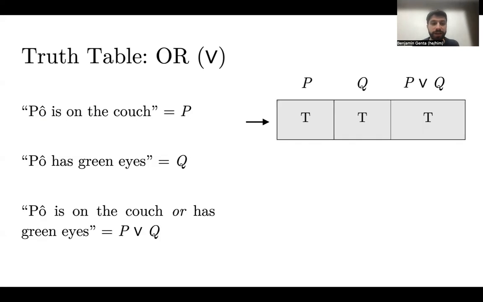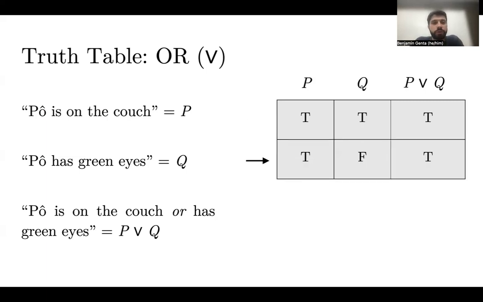Note that we're not saying either Beau is on the couch or Beau has green eyes. We're just saying Beau is on the couch or has green eyes. The either would imply that only one of these is true, but when we use the logical or, both can be true, and the statement as a whole will be true. So this is the same truth value as the and, when everything's true.